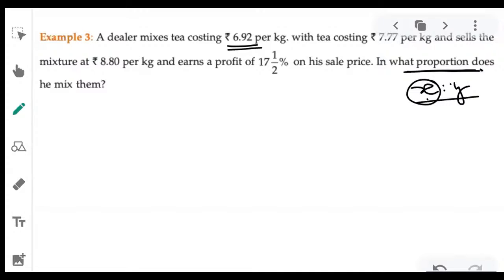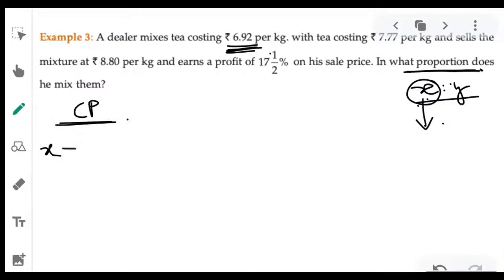So what is the cost if in proportions I am taking x grams of the first one? How much cost is it? 6.92 into x. I'm talking about cost price simply, the cost price of making that tea.